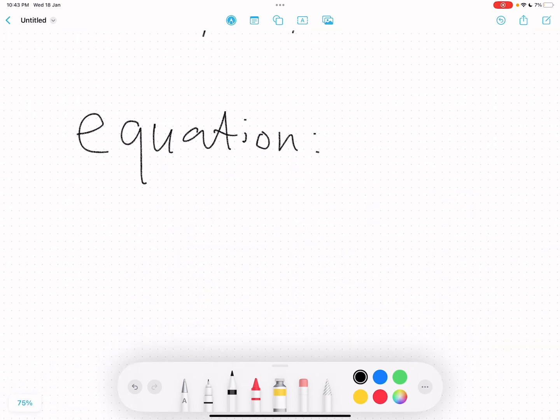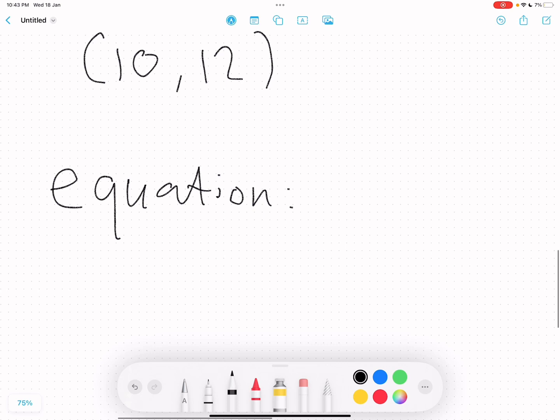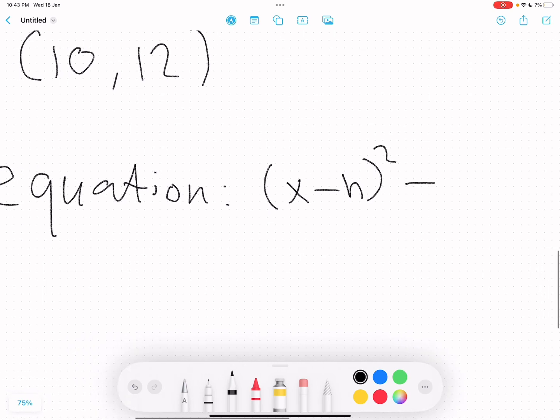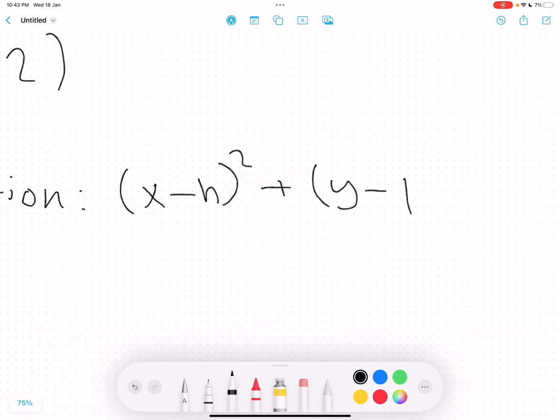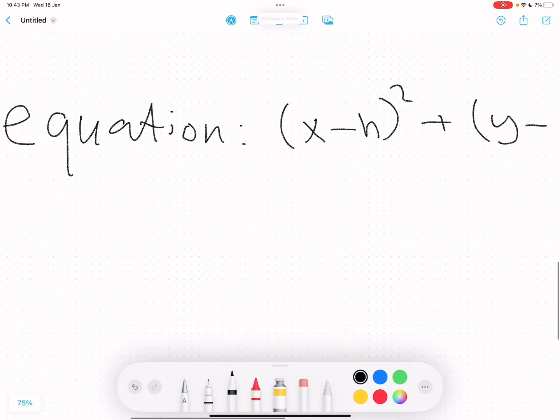And now for the equation of the circle. The equation of the circle has a specific formula, which is x minus h squared plus y minus k squared gives us r squared. Now h and k represent the location of the circle center, and r represents the length of its radius.